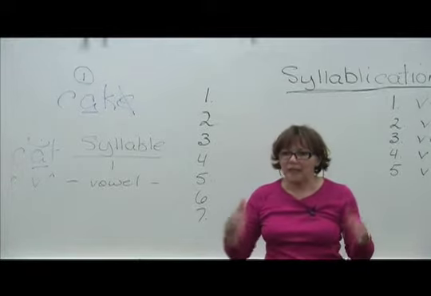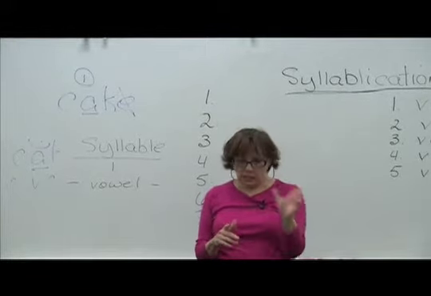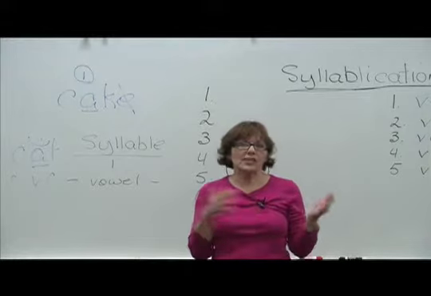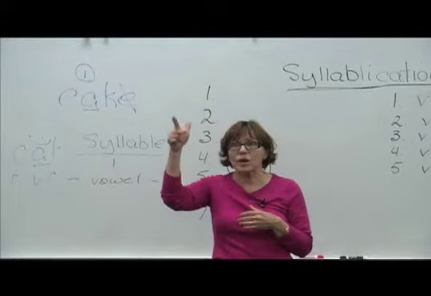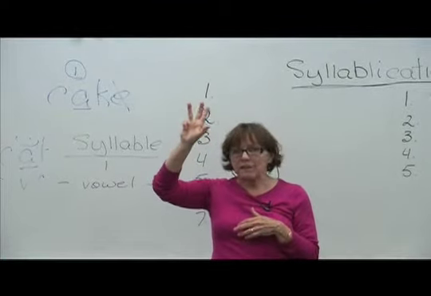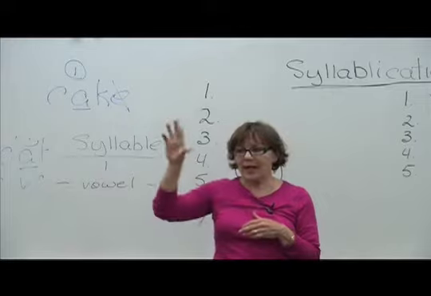So I can take a word like cat and turn it into, that's one part, and it is a word, but then I can turn it into a word like catastrophic. Well, that's catastrophic. That's 4 parts, because I can hear 4 vowels that make sound in that particular word, catastrophic.